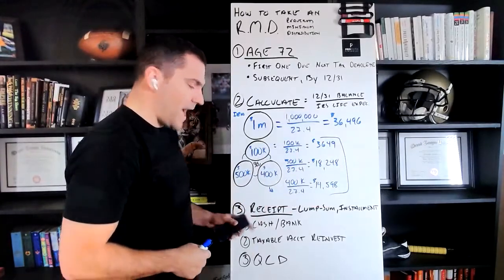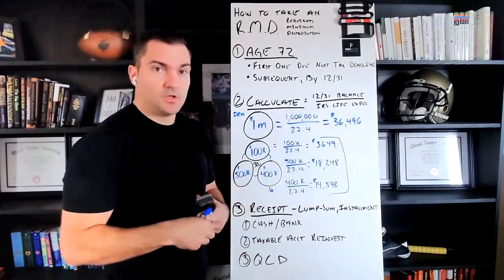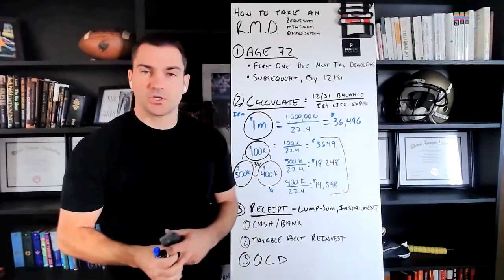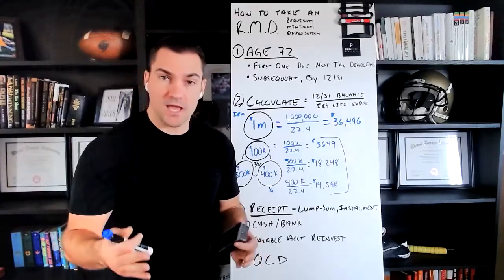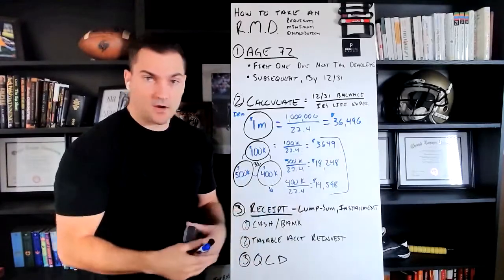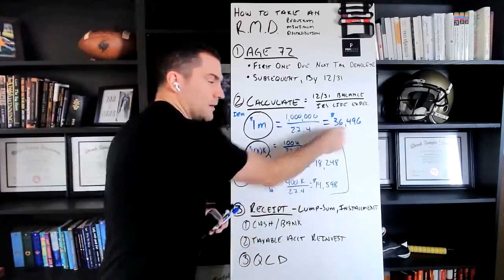Part 3, how do you receive the funds? You've got essentially 3 options. You receive the money in cash, it goes to your bank account, or a check, and you spend it. You just put it in your bank account, you leave it there, you spend it, do whatever you want with it, because this money's already taxed.